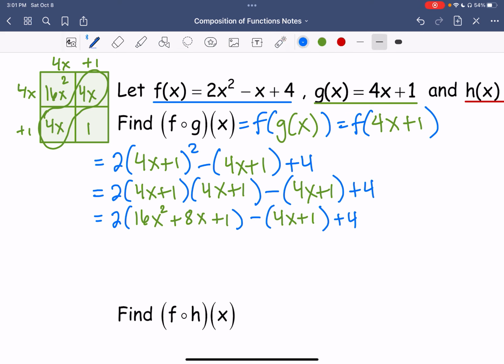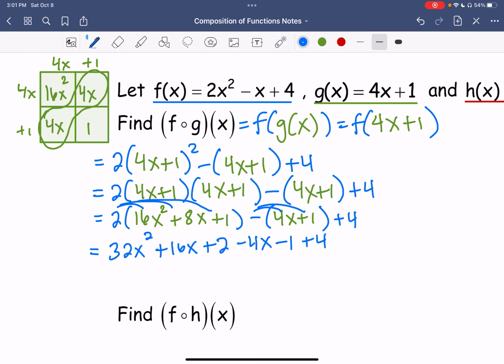The next step is to distribute. You distribute the 2, and you also distribute the negative. So 2 times 16 is 32x squared. 2 times 8 is positive 16x, and 2 times 1 is 2. Distribute the negative, you get negative 4x minus 1, and then we still have that plus 4 on the end.